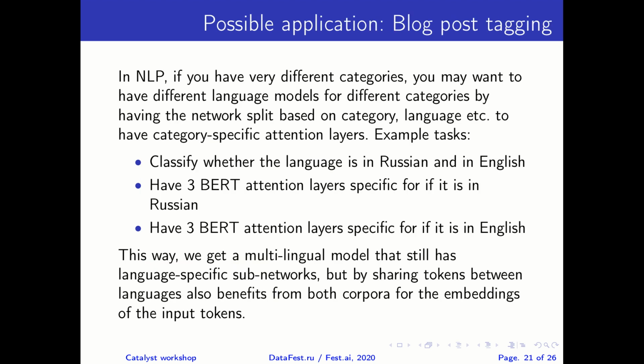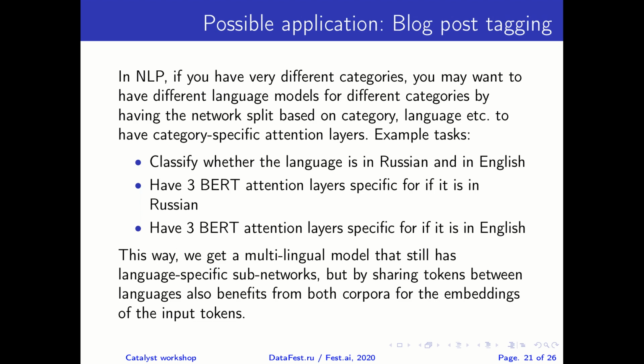Another application would be in NLP. So this is not computer vision specific. In NLP, if you have very different categories, you may want to have different language models for different categories by having the network split based on the category inside the network.